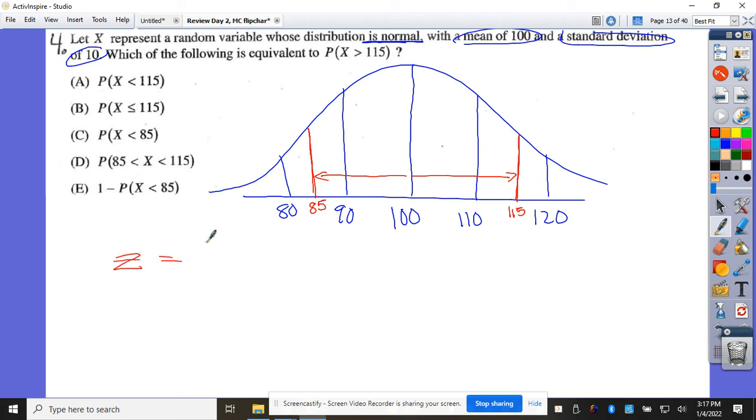If it's 85, what's 85 minus 100? Negative 15. Negative 15 divided by 10 gives me? Negative 1.5. As opposed to this one, which would be a z-score of what? 1.5. So I'm just going to be using negative 1.5 and 1.5 based off of this instead of drawing that whole thing every time.